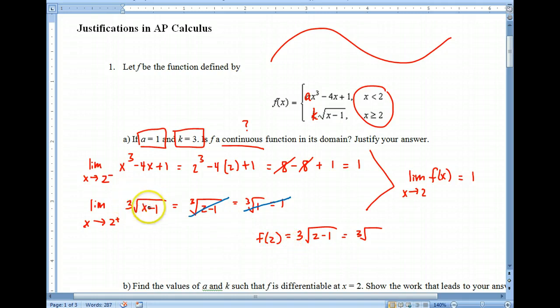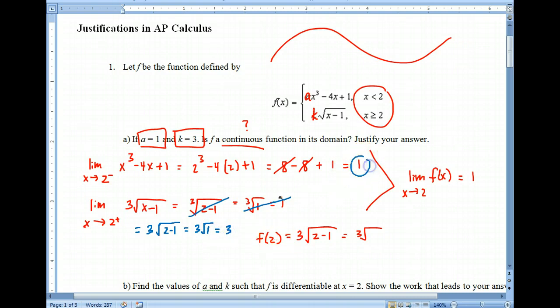Here I'm going to get 3 times this, which is going to be equal to 3 times square root of 2 minus 1. Square root of 2 minus 1 is 3 times square root of 1, which is just 3.